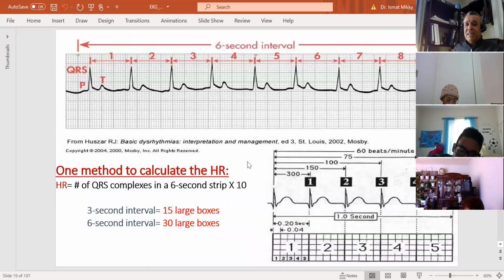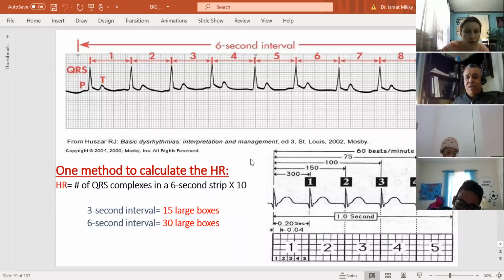And again, this is not 100% accurate. The patient's heart rate could be 83, 82, 84, 79, 78, but it's around 80. It's not 100, not 110, not 40 or 50 or 60. It's around 80.